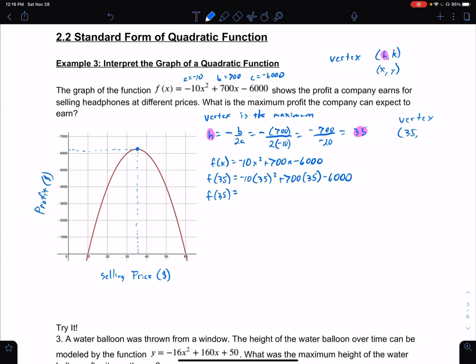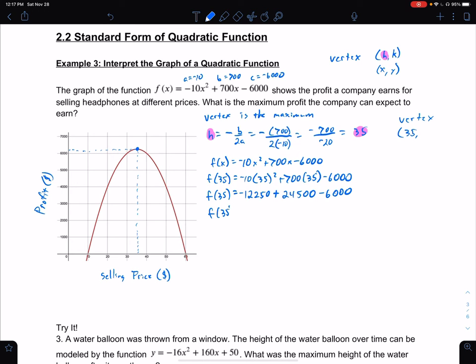So then we want to simplify each of these. So 35 squared is going to be 1225 times negative 10. So that's going to give me negative 12,250 plus 700 times 35, which is going to be 24,500, minus 6,000.